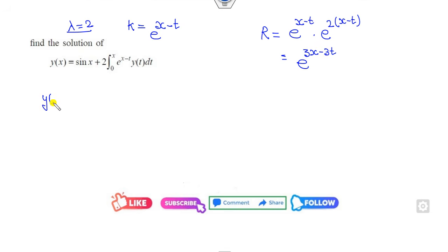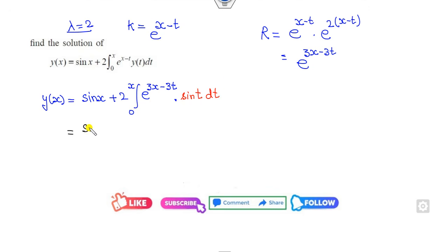So the solution will be y of x equals sin x plus twice integral 0 to x e raised to power 3x minus 3t into f of t. What is f of t? It is my sine of t dt.